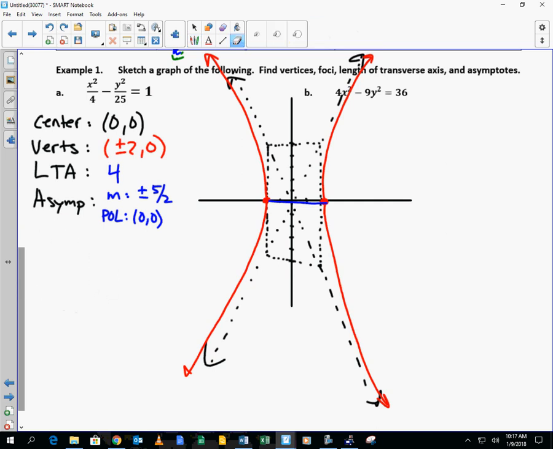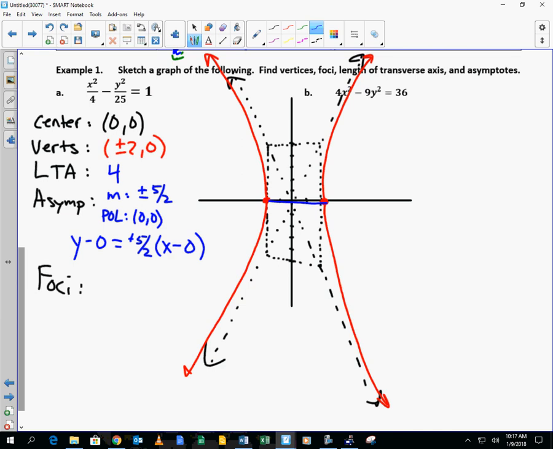Foci, oh, okay, so the asymptotes then, so I've got those pieces. Move the foci down here a little bit. So I've got y minus y1 is equal to m times x minus x1.